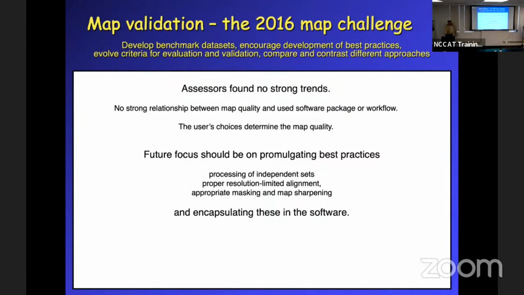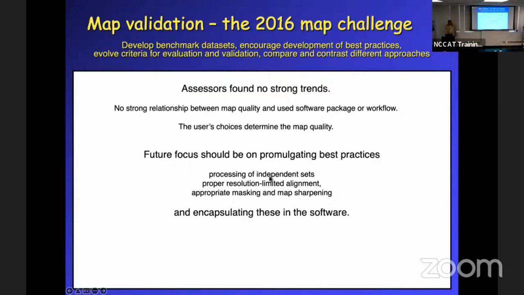And so processing of independent data sets, resolution limited alignment, all these kinds of things that we mentioned. And then you should use these best practices and put them into the software, which is actually generally done. So gold standard FSC is already implemented. Resolution limited alignment is implemented.